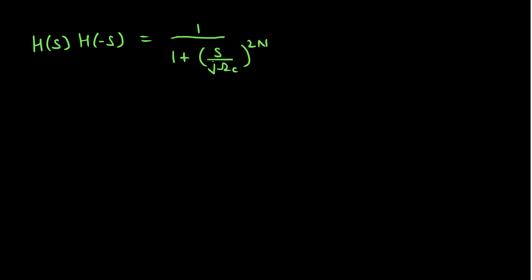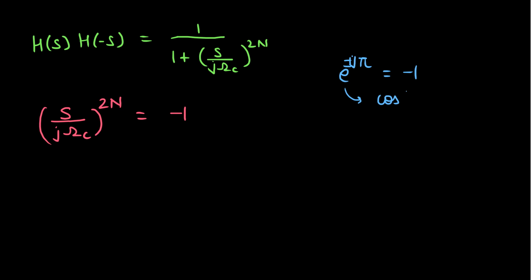So for that, we need to equate this denominator to 0. By equating it to 0, what we get is (s/(j omega_c)) to the power 2n is equal to minus 1. Now we know that e to the power j plus minus pi is equal to minus 1. That is, this can be represented as cos of plus minus pi plus j times sine of plus minus pi.